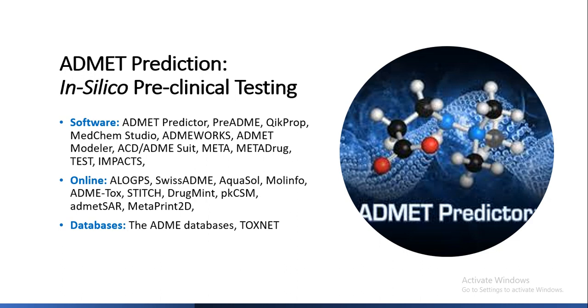So we can say that it is in silico preclinical testing, and for this we can use different softwares like ADMET Predictor, PreADME, QuickProbe, Medchem Studio, ADMEWorks, ADMET Modeler, ACD ADME Suite, MetaDrug Test, which is toxicity estimation software, and Impacts.